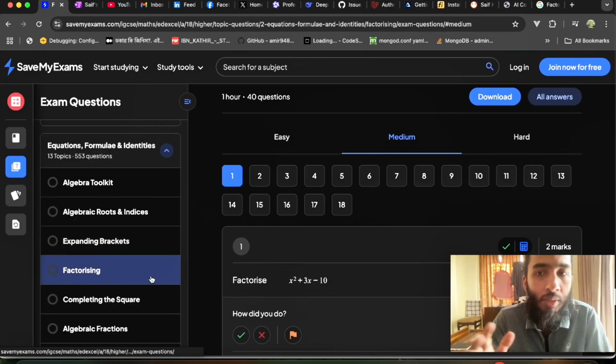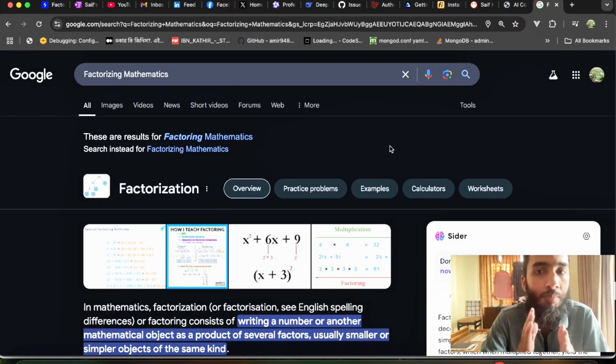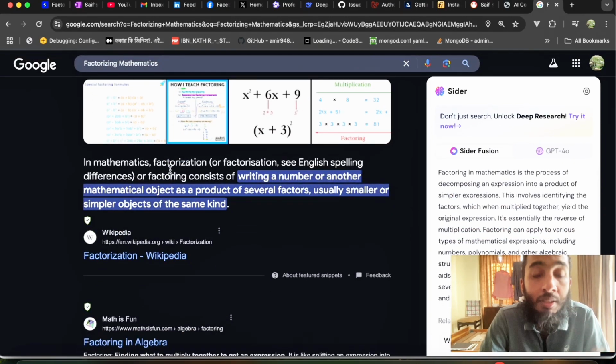So what is factorizing? If I do a Google search for a brief conceptual overview, using just two words, factorizing mathematics, what does it say? It says in mathematics, factorization or factoring consists of writing a number or another mathematical object as a product of several factors, usually smaller or simpler objects of the same kind.